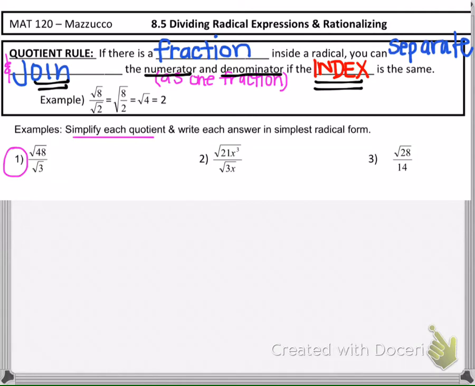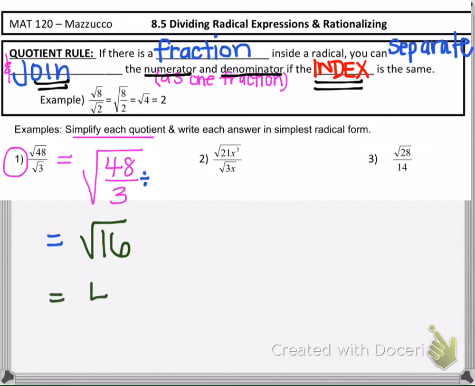So instead of simplifying the square root of 48 divided by the square root of 3, instead we can put them together, the quotient rule says, and then we can divide or simplify the fraction 48/3. And 48 divided by 3 is 16. And then we would do the square root of 16, which is 4.